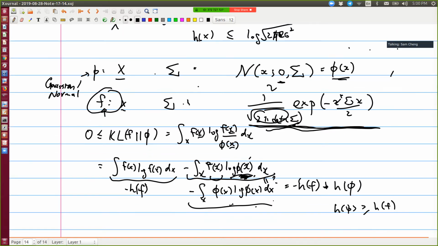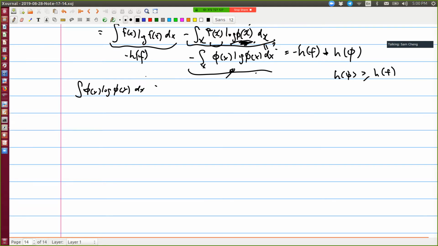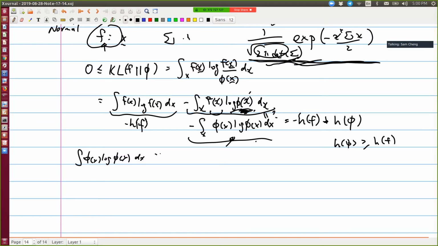Yes, actually, in my slide, I elaborate much more. Maybe I try to elaborate. For example, consider this, phi x log phi x dx, basically the lower term here. If I expand that, what is phi x here? Actually this was wrong. It should be determinant 2 pi sigma.